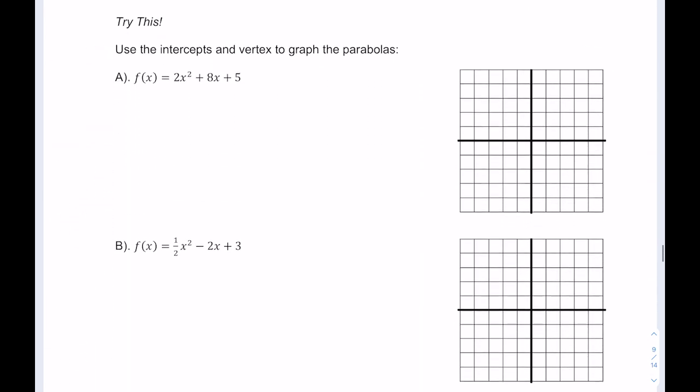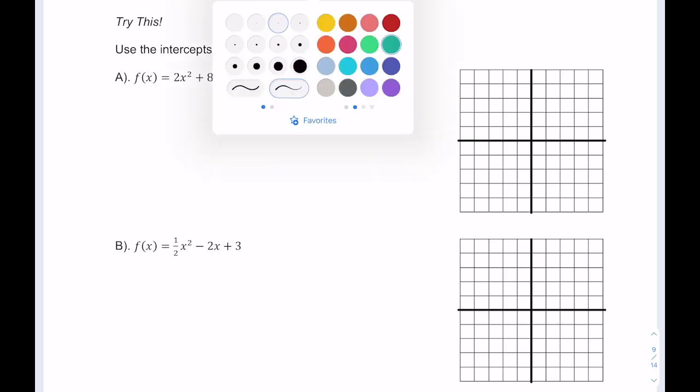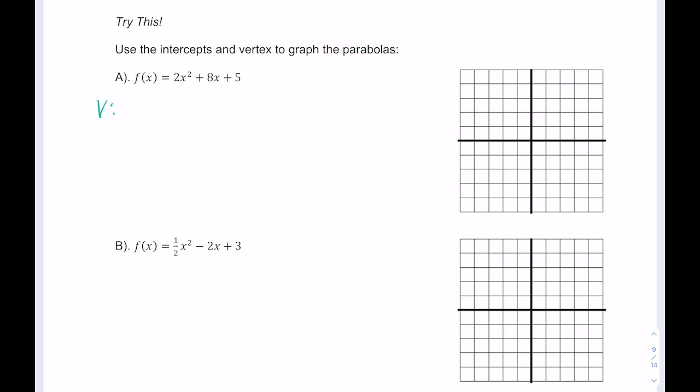Okay. In class, you worked on letter A, so I'm not going to do that with you. I will just tell you that the vertex here was -2, -3. The axis of symmetry would just be the x value, so x equals -2.